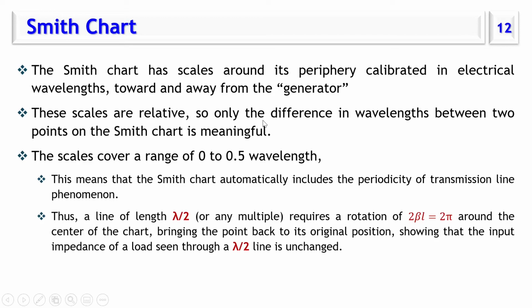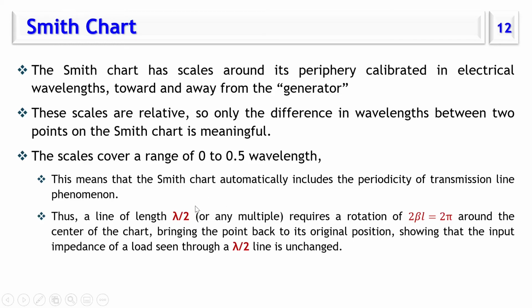So those scales are relative. What really matters is moving from one point to the other. The starting point is not an issue. The starting point is the load, and you can calculate the angle of 2 beta L and move a certain number of degrees, or you know the L, how much it is in terms of lambda, the electrical length, and you move with this electrical length towards the generator, which is away from the load, or away from the generator towards the load.